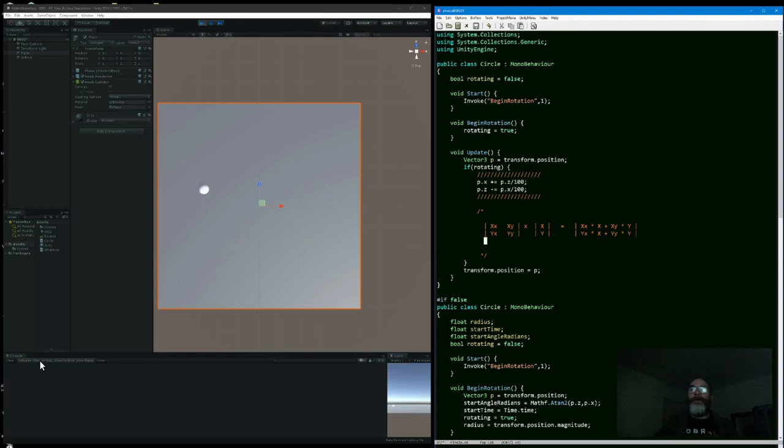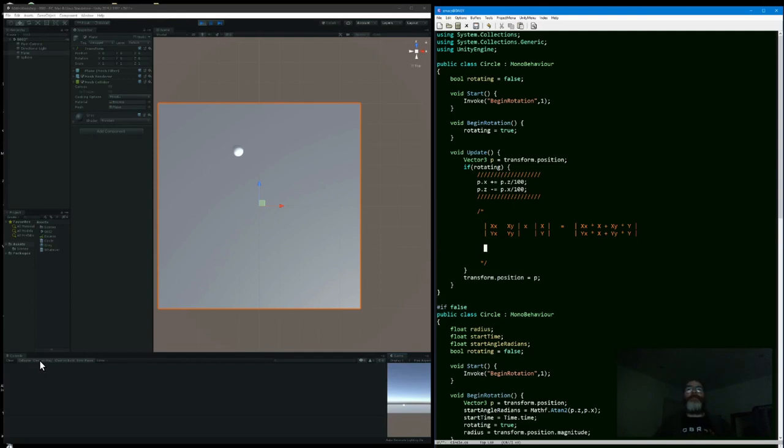I mean, in 3D rotations it's the same, except you have a 3x3 matrix and you rotate a 3-dimensional vector, but in principle it becomes the same. So what this means then is that you can rotate any vector in 2D by simply using 4 numbers.